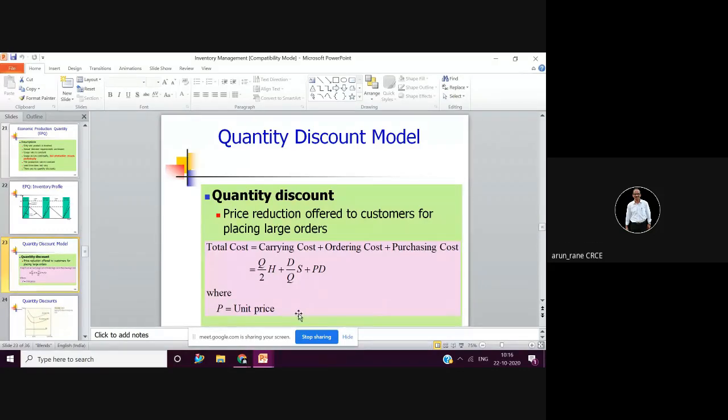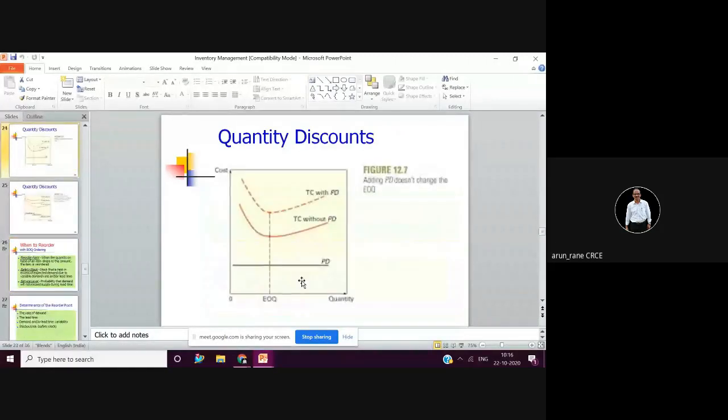How do you find the purchasing cost? Purchasing cost is the unit price times demand. So it is Q by 2 into H plus D by Q into S plus P into D. We will not give much time to quantity discounts.